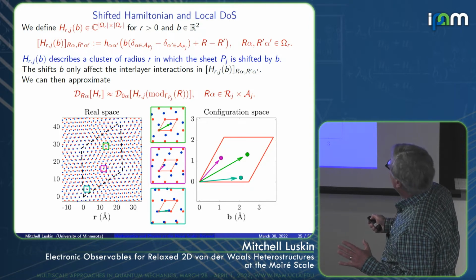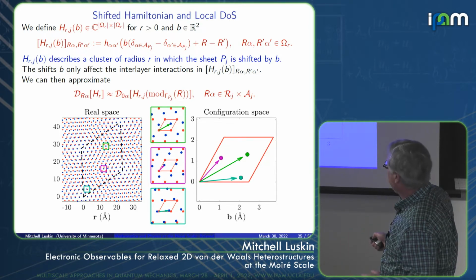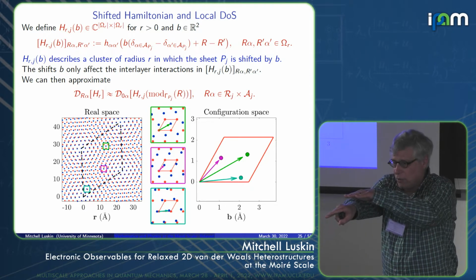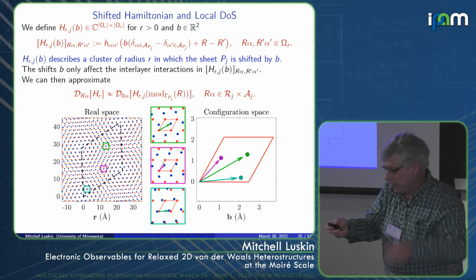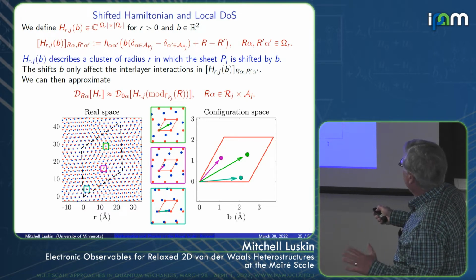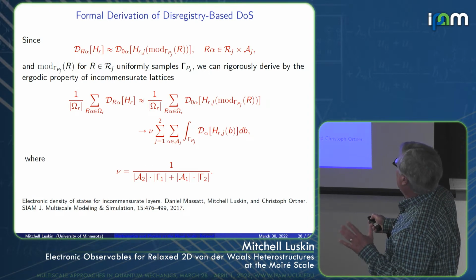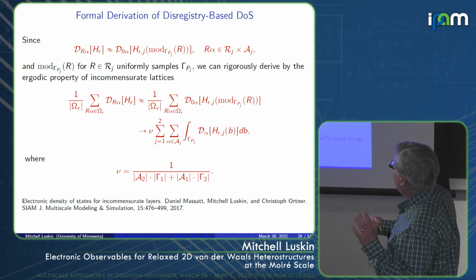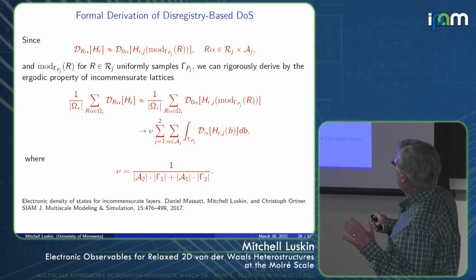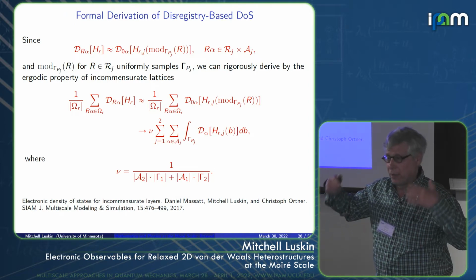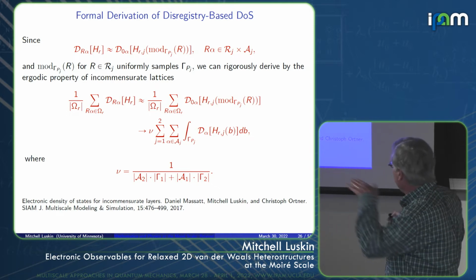And that's equivalent to, through ergodicity, instead of wandering all around, we can just sit at one point and shift the layers on top of each other. That's what this B is, just some kind of shift. So the local density of states at some lattice point R is obtained by taking the projection, looking at the disregistry and using that to shift.